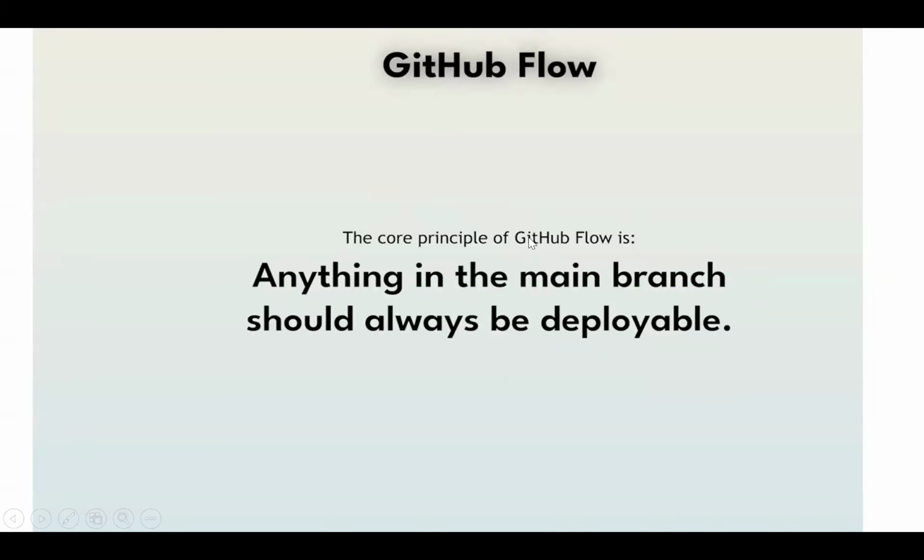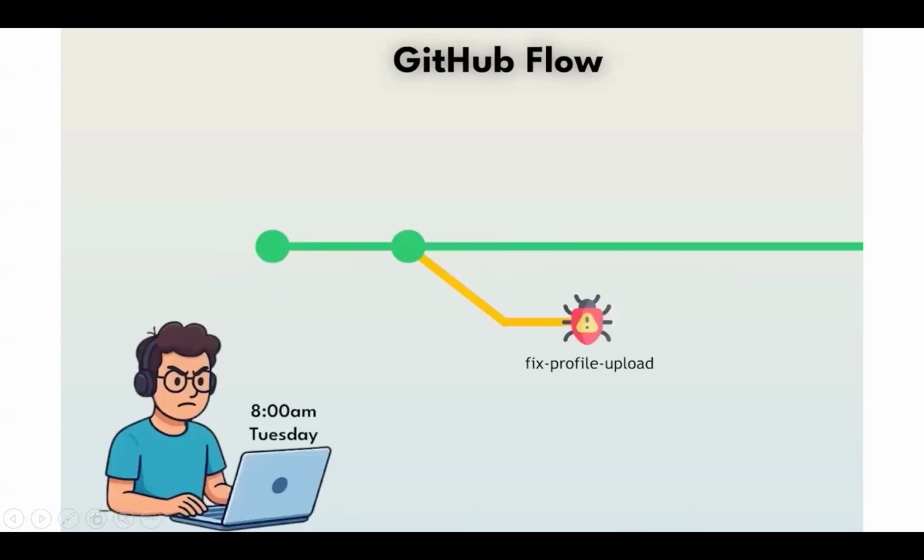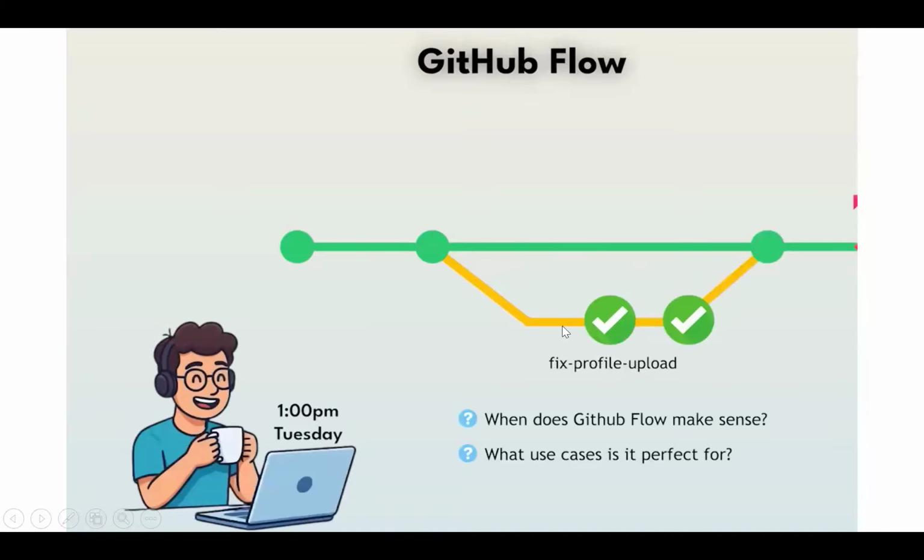The core principle of the GitHub flow is that anything in the main branch should always be deployable. That's the main purpose. So suppose there is one bug in GitHub, and you fixed that bug and did the upload part.